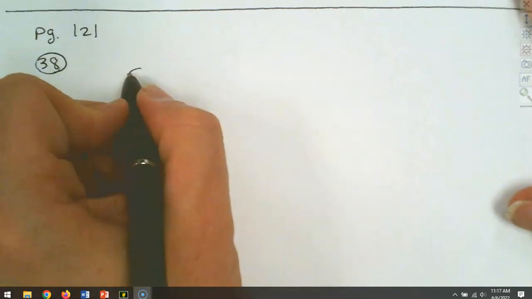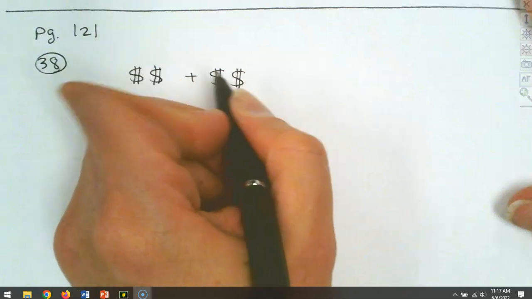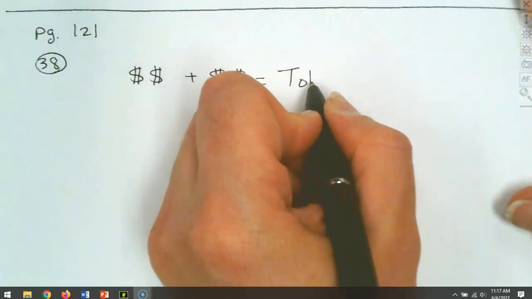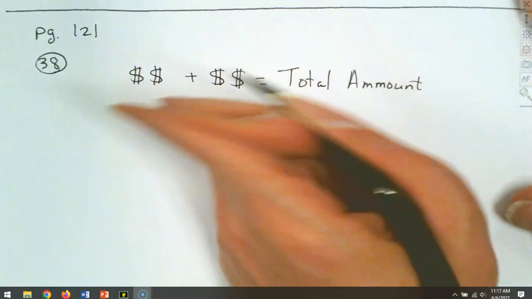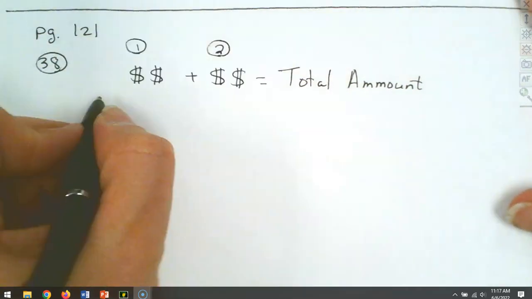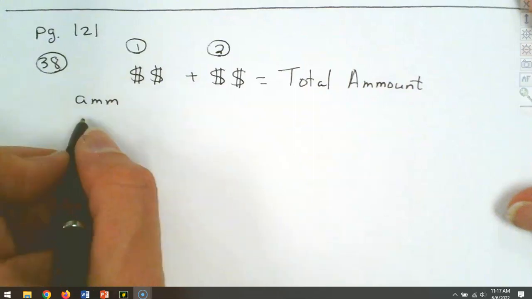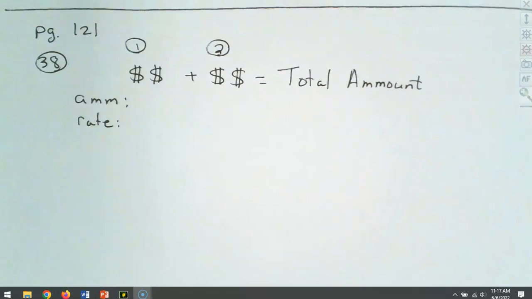And we're going to be looking at 38. And you can label them 1 and 2 if you want. Each of these is going to have an amount, again, and a percentage rate. So it's basically the same as what we did for the mixture questions, except we're working with money.